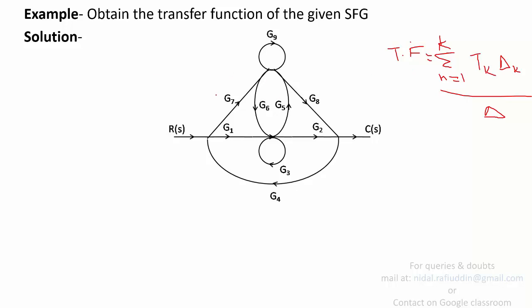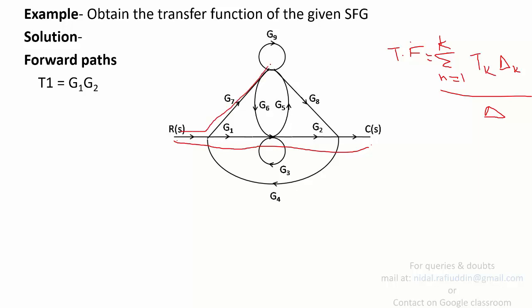And in this case, how many forward paths do you have? If you look into this figure, you'll find that there are 4 forward paths. One of them, starting from input and ending at output in this direction, is G1, G2. So the first forward path is G1, G2. The second forward path that I observe is G7, G8.